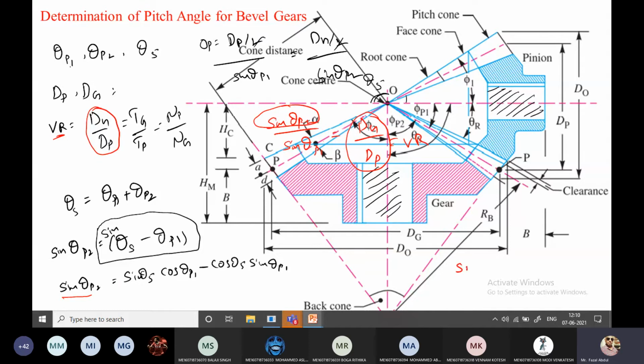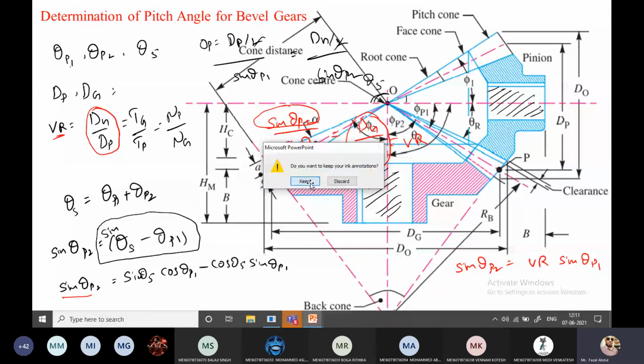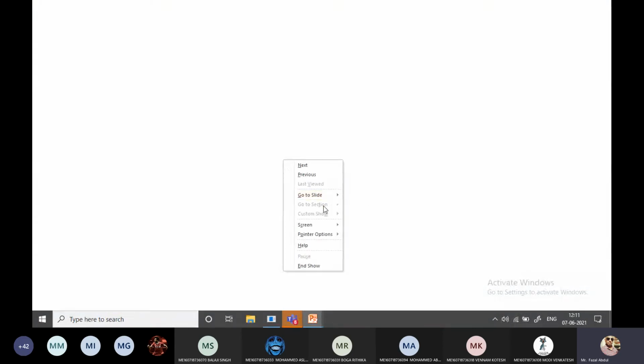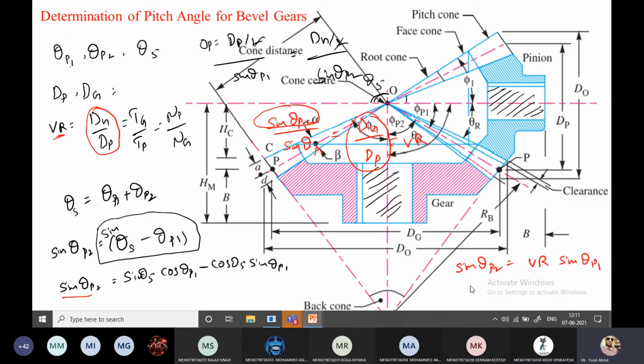With this relation, sin theta p2 equals Vr into sin theta p1.